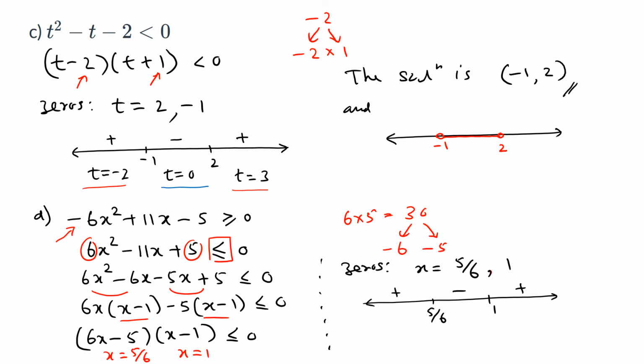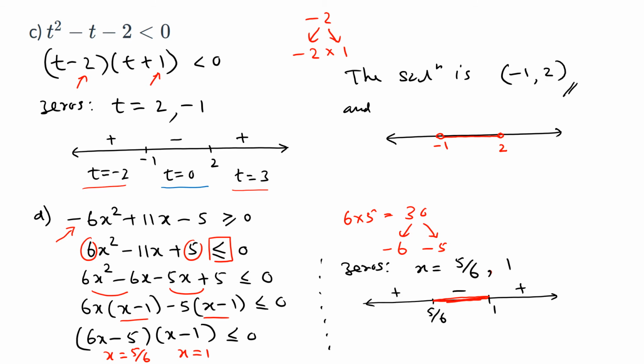And you can also check that using a test point. And then what we are looking for is when this product is negative. That means we can look for negative or 0. That means you can see it's everywhere in between this. So that is the one, and it's including. So that means you can have the solution.